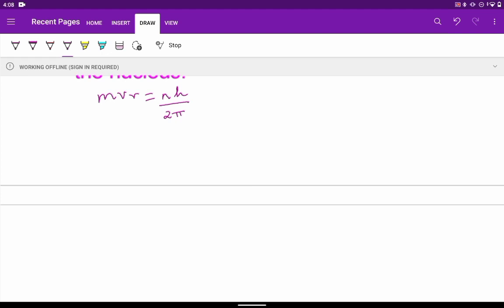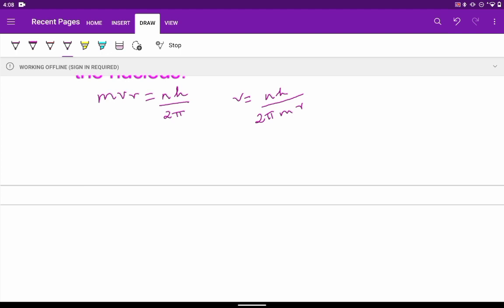So what will be v? V equal to, we have to shift m and r, v equal to nh by 2 pi mr. Here n we know, n will be 3 because the third orbit is given. h is known, 2 pi we know, m we know, r we don't know. We have to calculate r.